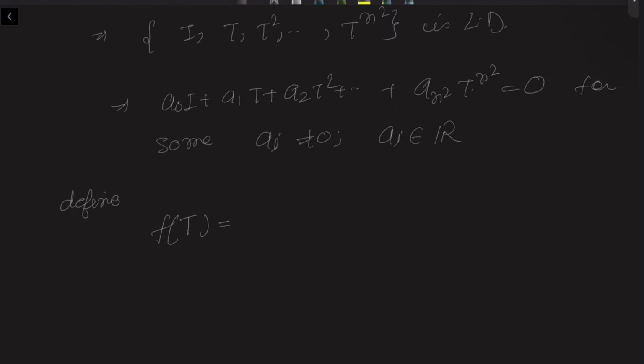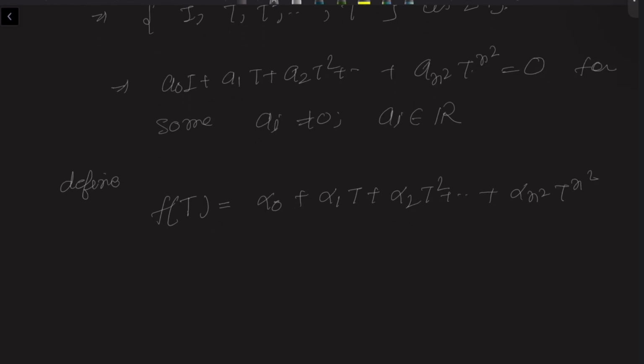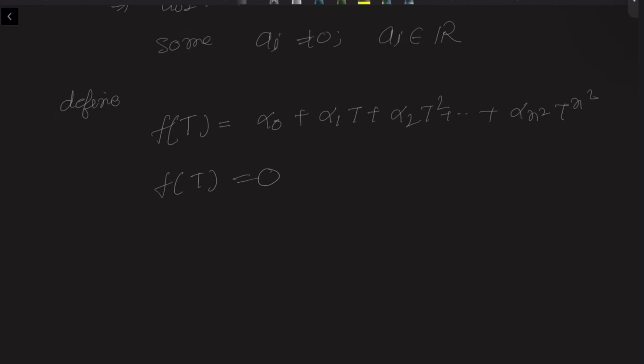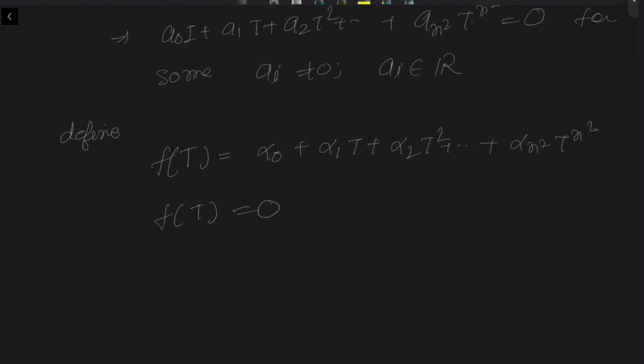So I am defining f of T as alpha naught plus alpha 1 T plus alpha 2 T square up to alpha n square T to the n square. I have just written alpha in place of a, it doesn't make any difference. Now since the RHS is 0, you have f of T equals 0. So it means that this polynomial f of T is actually a zero operator, a zero transformation.